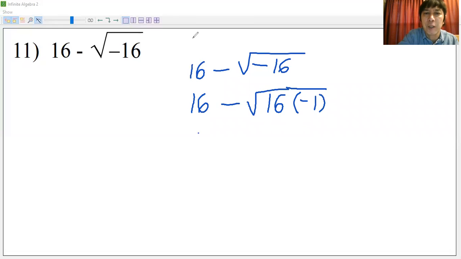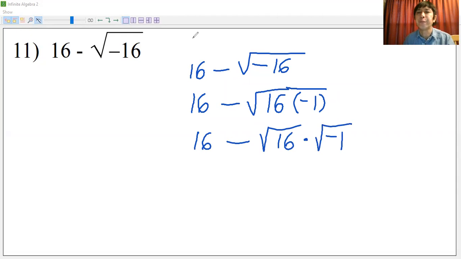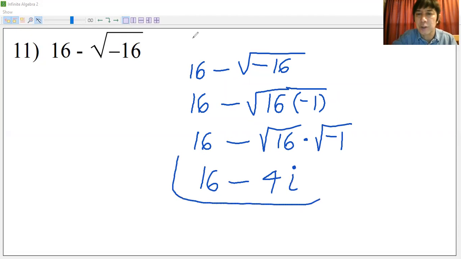And so the next line will be 16 minus, this is where we split it, square root of 16 times the square root of negative 1. And so this will give us 16 minus, square root of 16 is 4, square root of negative 1 is the imaginary number i.